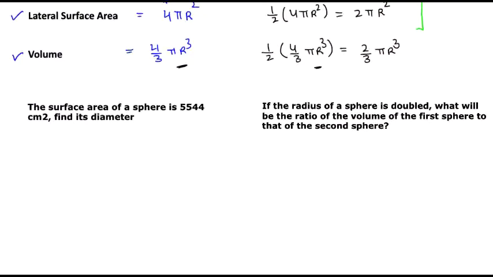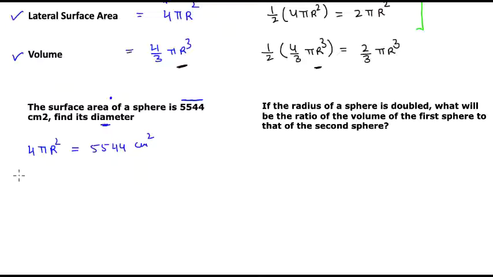All right. So in my very first example, we have that the surface area of a sphere is given as 5544 centimeter square. Find its diameter. Now we know that the surface area is equal to 4 pi r square, and that is equal to 5544 in centimeter square.